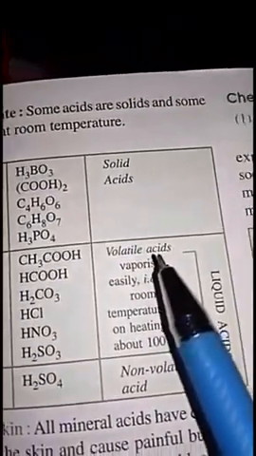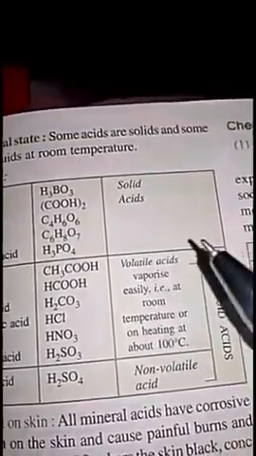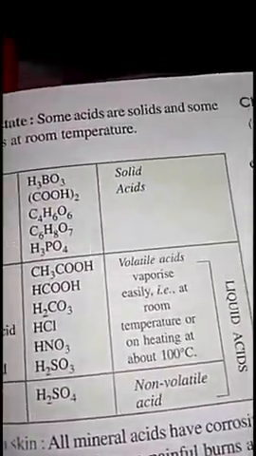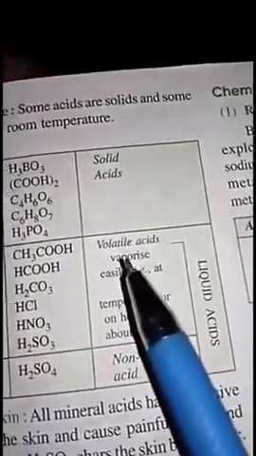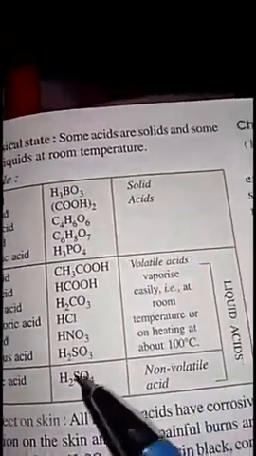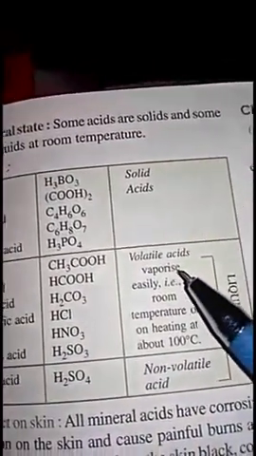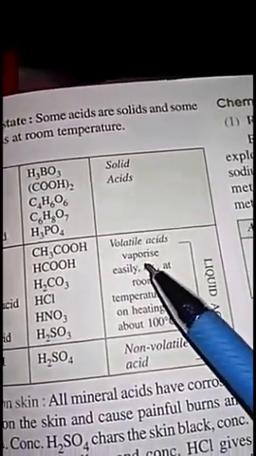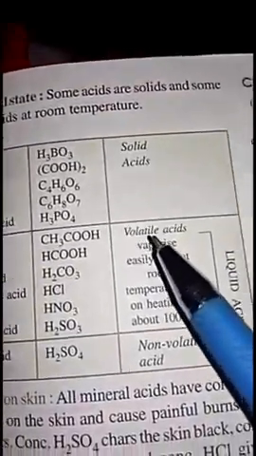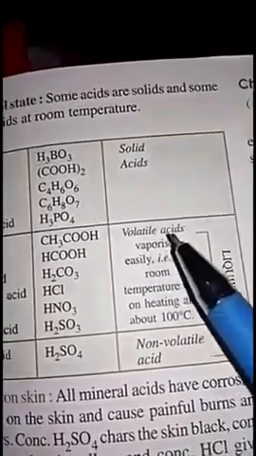In fact, volatile substance, non-volatile substance. What is volatile substance? Then we will come to volatile acid. The substance which changes into gaseous state even at ordinary or room temperature. Those substances are called volatile substance.